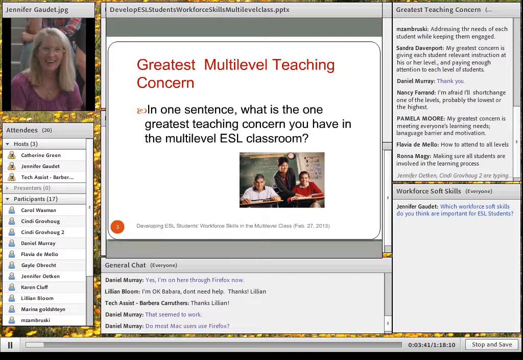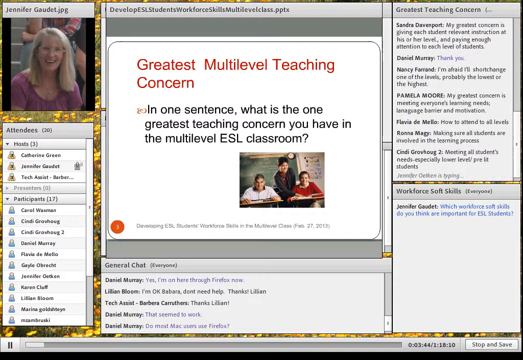Yep. I'm afraid I'll shortchange one of the levels, probably the lowest or the highest, says Nancy. Yep. How to attend to all levels, making sure all students are involved in the learning process. Meeting students' needs, especially lower level pre-literate groups. Okay.